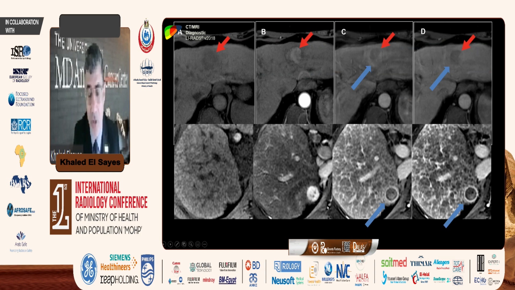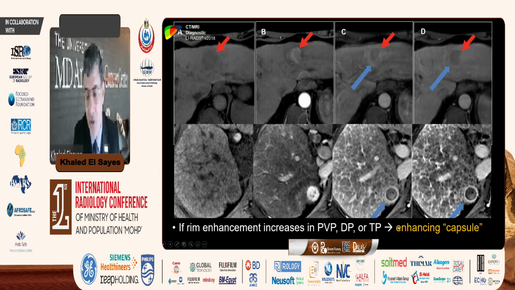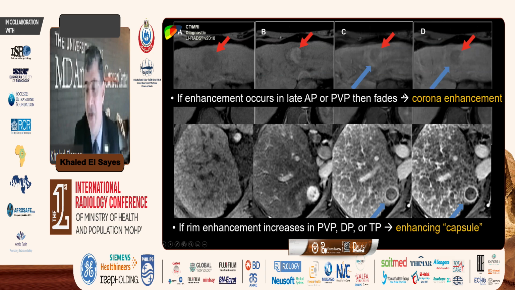If you actually look at both of them, the difference is that this is enhancing capsule. It's crisp. It's well circumscribed, right? It continues to increase even in the delayed phase here, keeps increasing in intensity. And this is opposite to the corona enhancement, which fades in the portal venous phase, and see how it was intense early on and then it fades on the delayed phase.